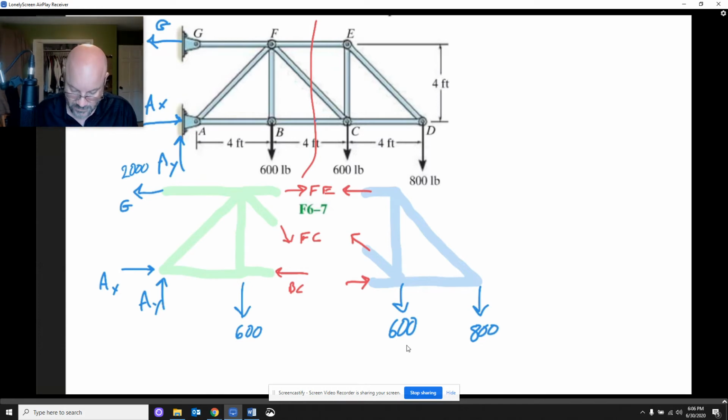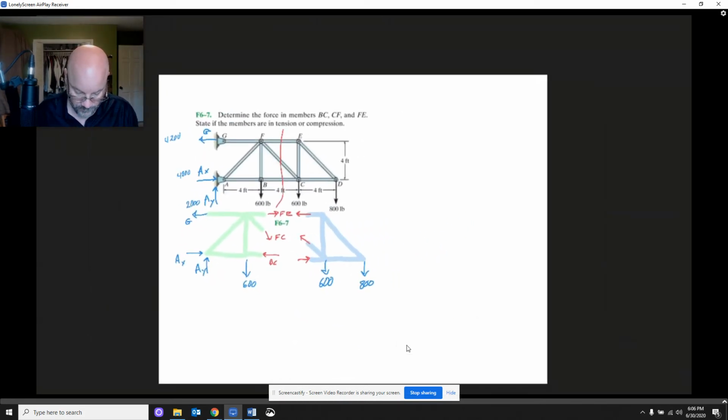Okay. So let me take a look at what we've got here. This gives me a little bit better view of the whole thing. So this is one of the things to look for, when you have something like the point F. Point F is right here.